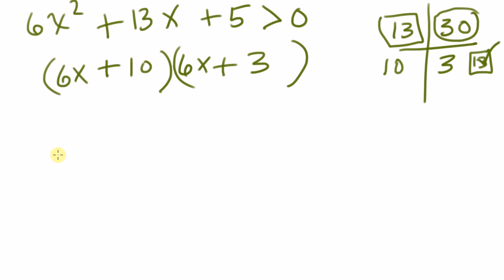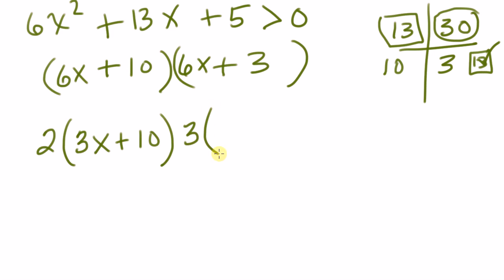And then this is called the magic method, by the way. I'm going to factor out a 2. So 2 times 3x plus 10. And then I'm going to factor out a 3, and I get 2x plus 1. And then these guys here disappear.